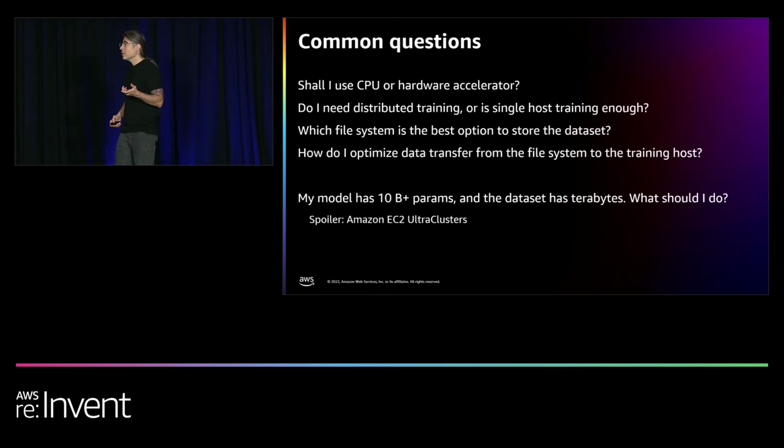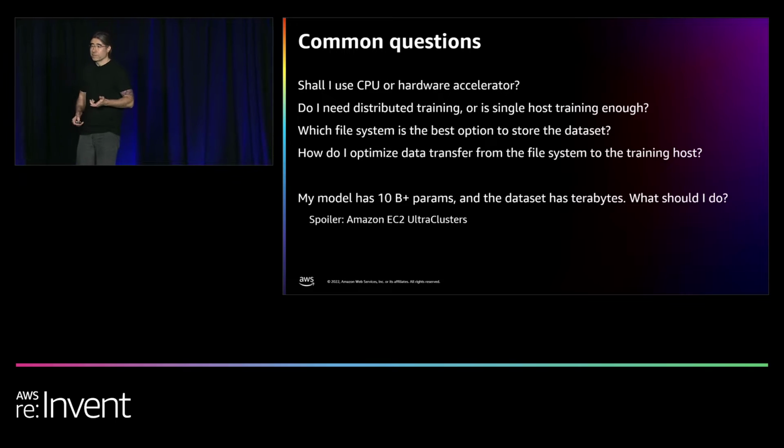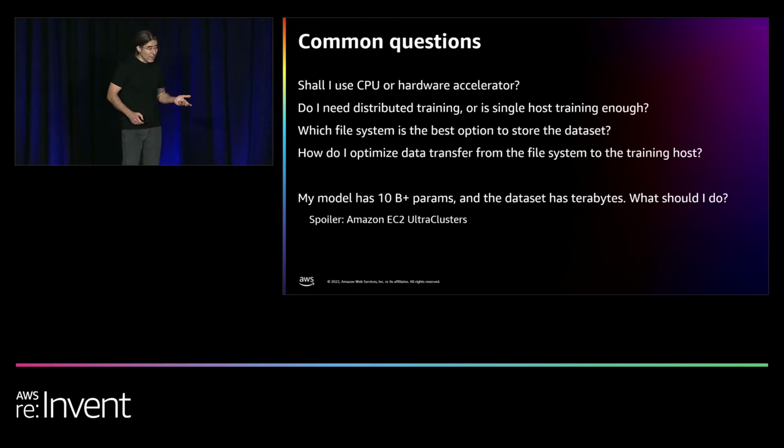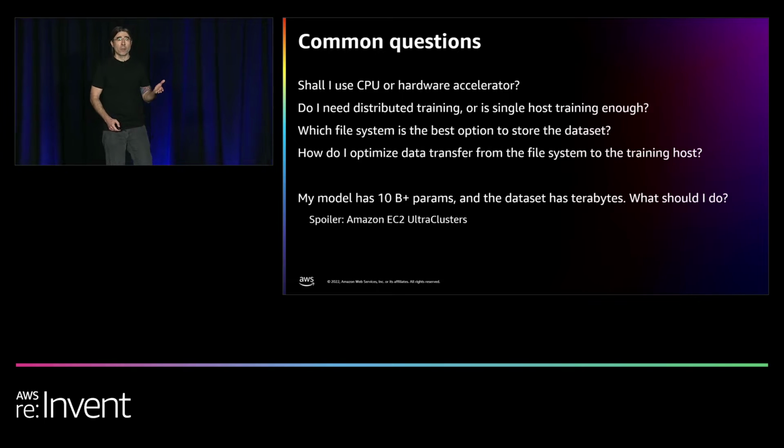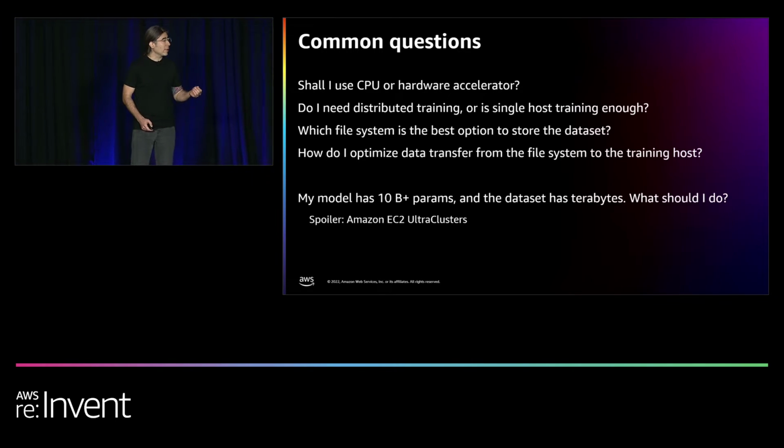Then you have some common questions that may be asked. Shall I use a CPU or do I need an accelerator, a GPU or a dedicated accelerator to train my model? Also, do I need distributed training to train my model, or can I use one single accelerator, one single instance to do that?